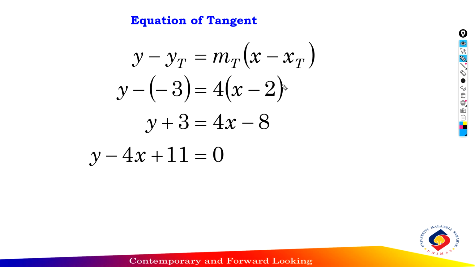Okay, and you find the equation of the tangent using this formula: y minus yt equals mt, the gradient of the tangent, times x minus xt.